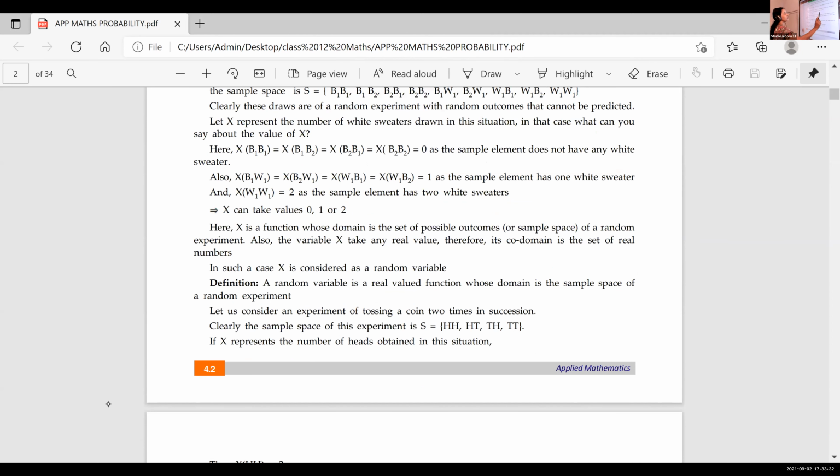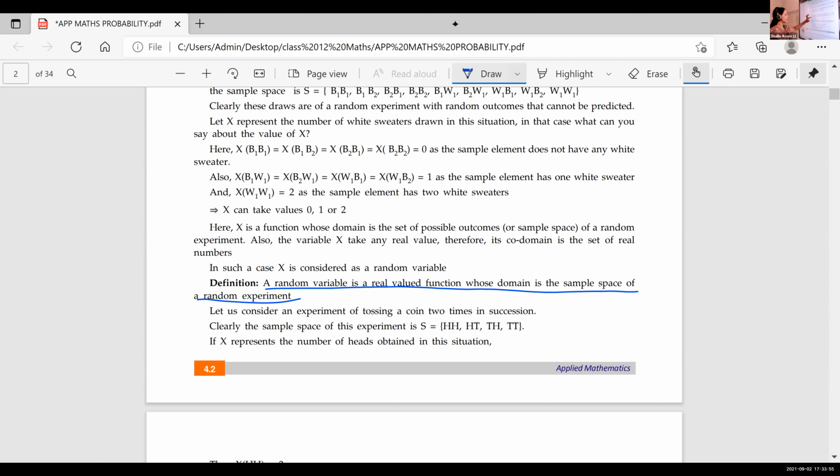A random variable is a real valued function whose domain is the sample space of the random experiment. Write down this term also. A random variable is a real valued function whose domain is the sample space of the random experiment.